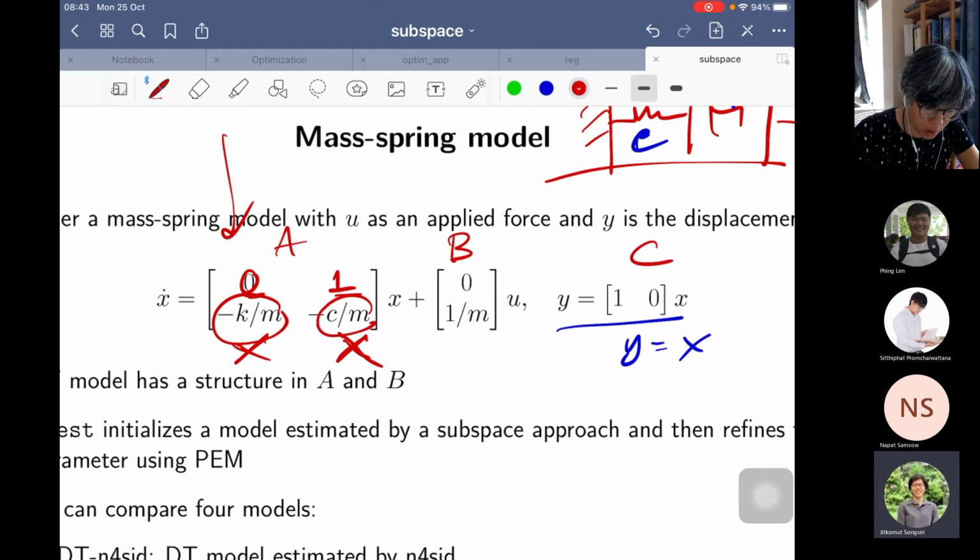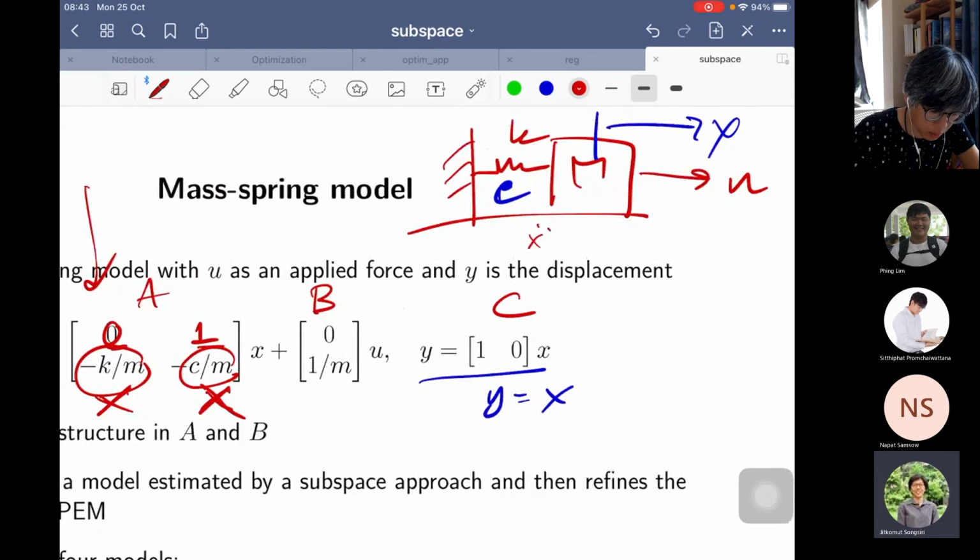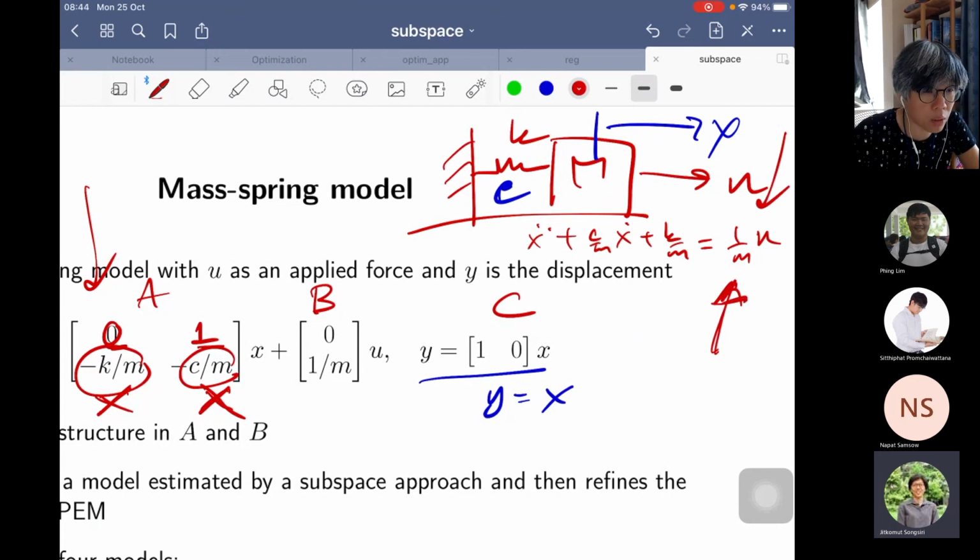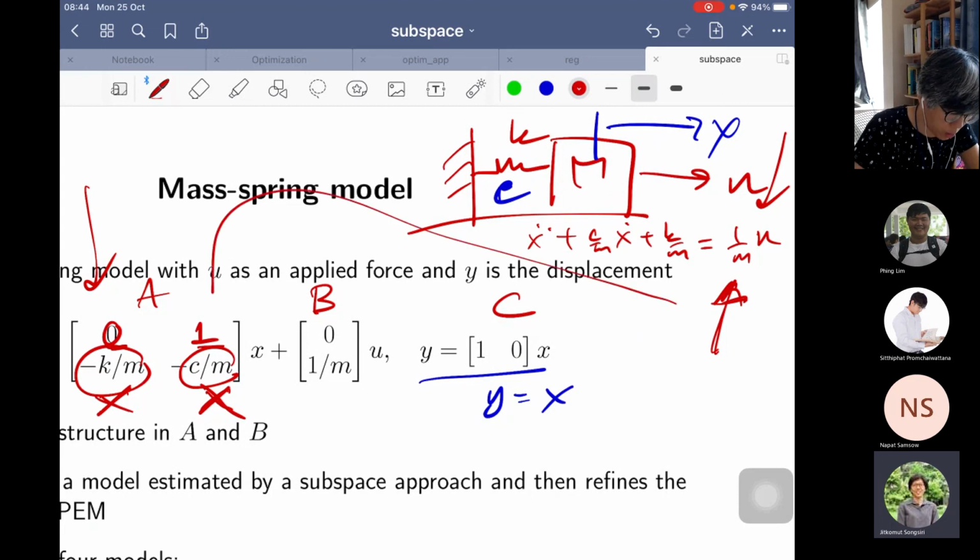I hope you understand how to get the structure of A, B, and C. Just review these equations real quick: how to get the dynamical equation of this mass spring model as a second-order system, and then how to transform it into a state space equation.